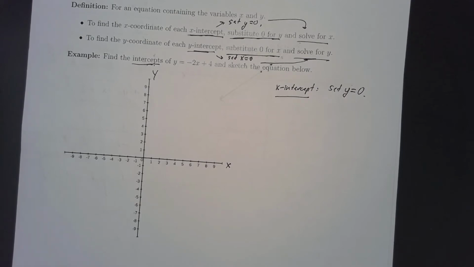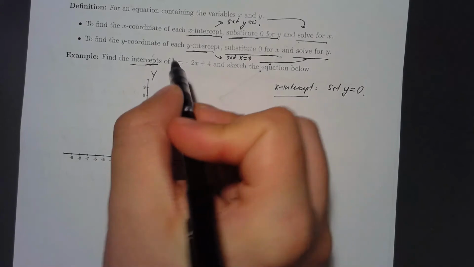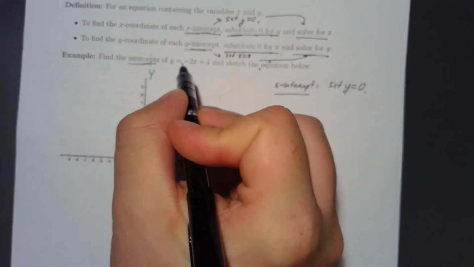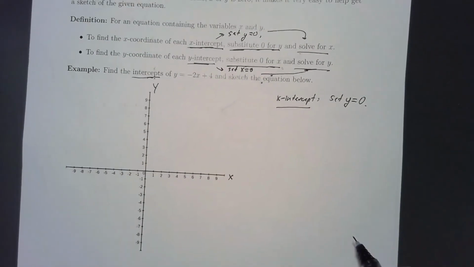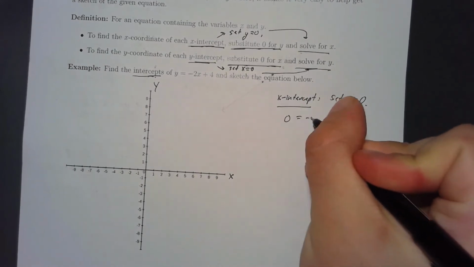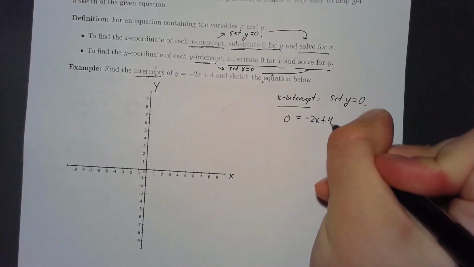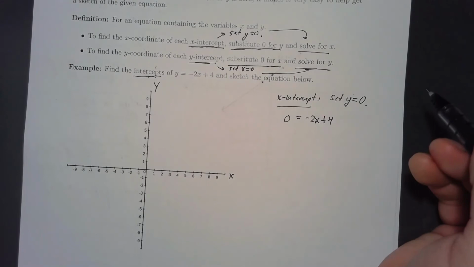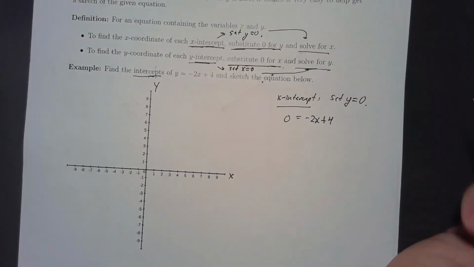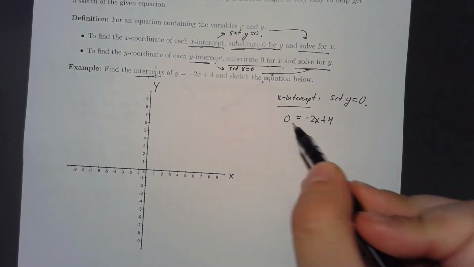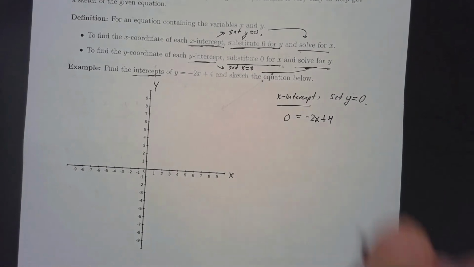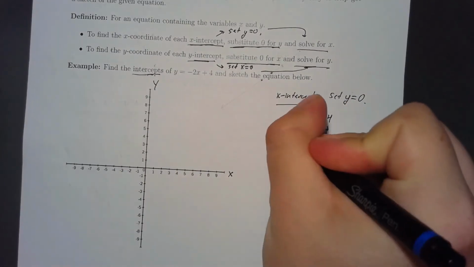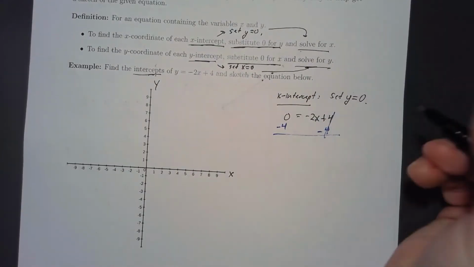Okay, so when I set y equal to 0 here, this becomes 0 equals negative 2x plus 4, right? Now just solve for x. Subtract 4 from both sides. That gets rid of that.